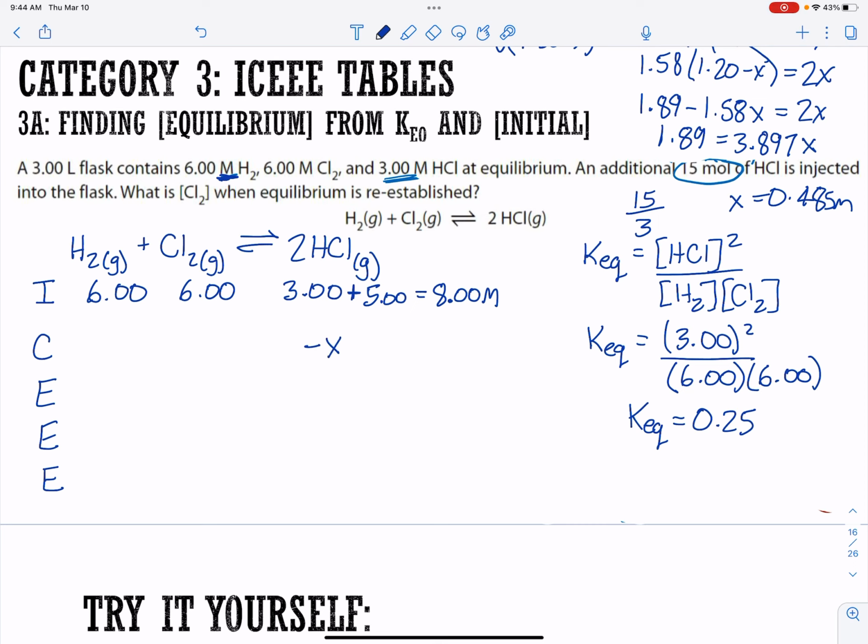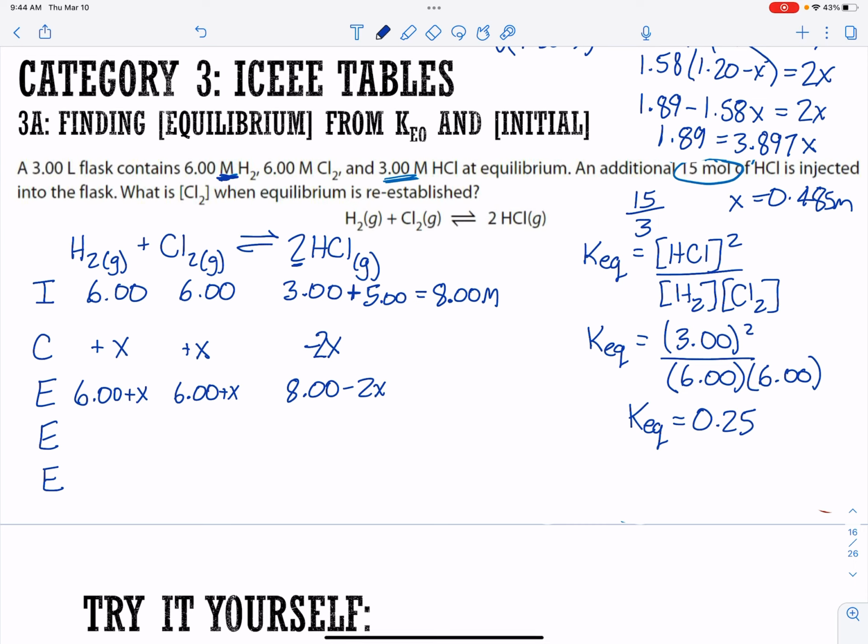And they're going to be going down not just by x, but by 2x, whereas the reactants are going to be going up by x. Okay, and I got that 2x because of that 2 coefficient. So at equilibrium now, I have 6.00 plus x, 6.00 plus x, and 8.00 minus 2x.